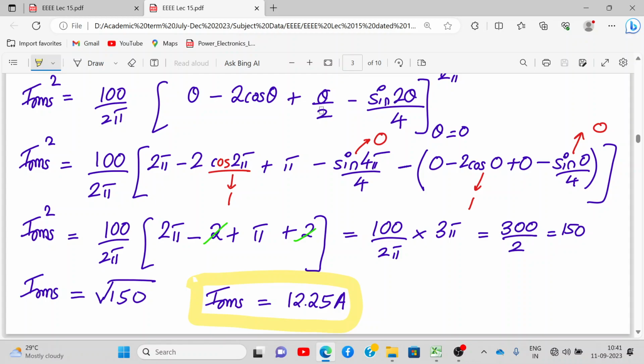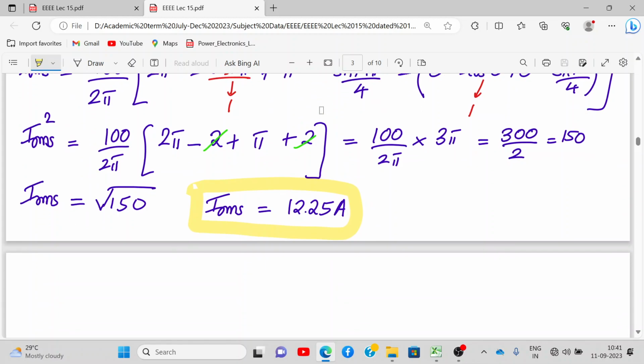Okay, please, next. Write down RMS value. Similarly, as we have written average value of the symmetric waveform, similarly we have RMS value of symmetric waveform.